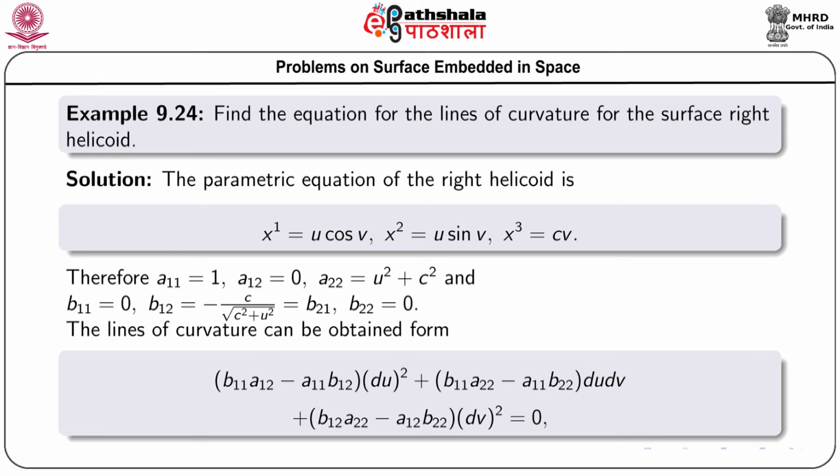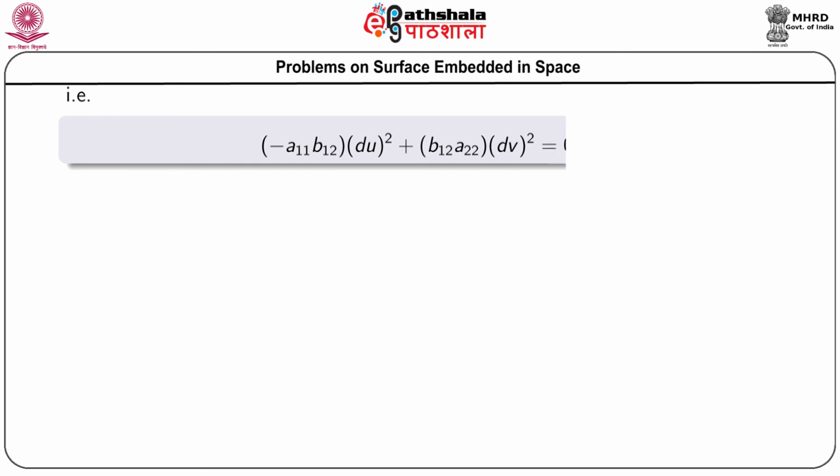If we put these values in this equation, B11 A12 minus A11 B12 du square plus B11 A22 minus A11 B22 du dv plus B12 A22 minus A12 B22 dv square equal to 0. We know that this is the equation for the lines of curvature, and if we put all these values in this equation, we get minus A11 B12 du square plus B12 A22 dv square equal to 0.